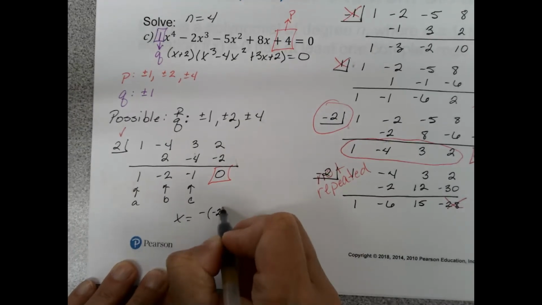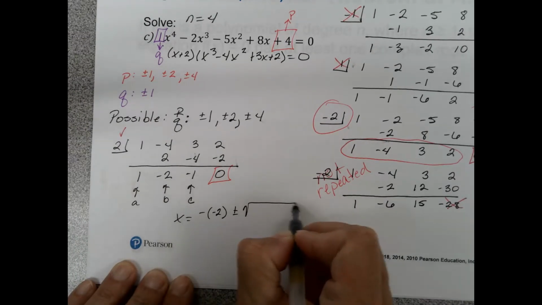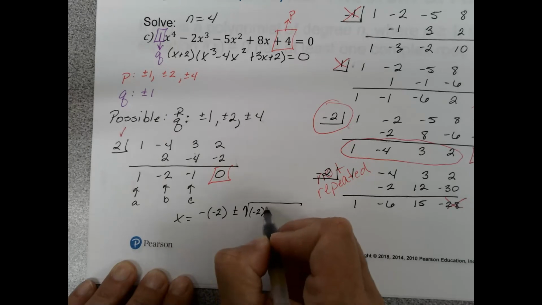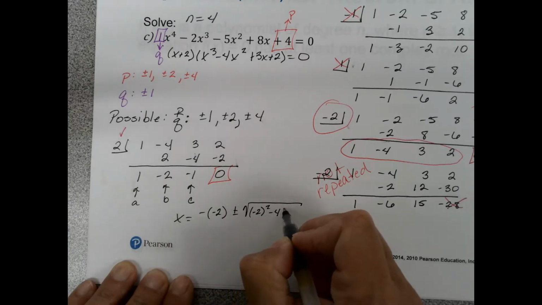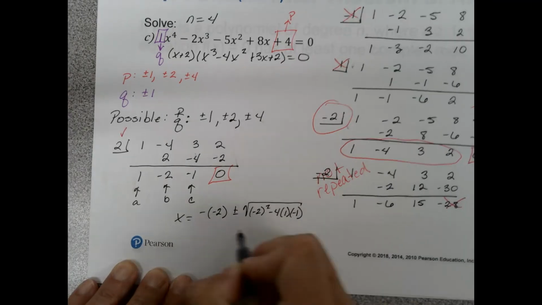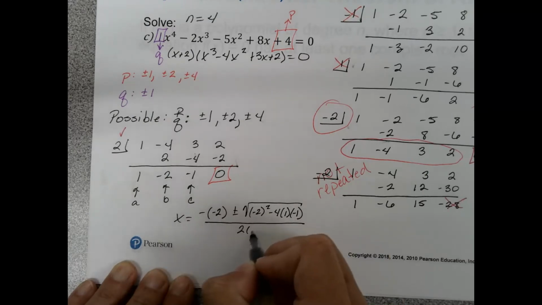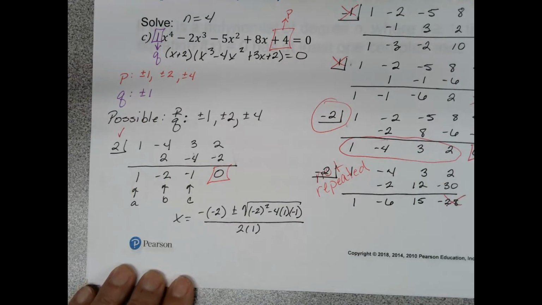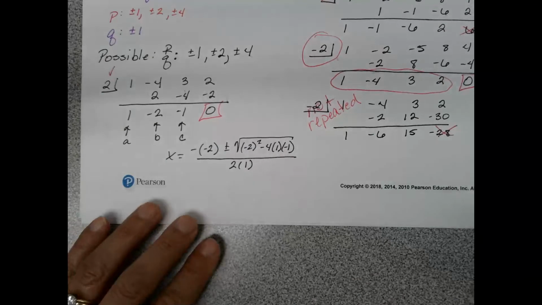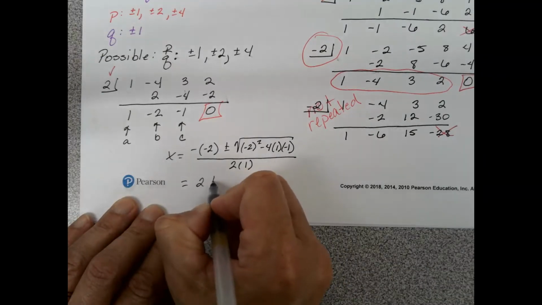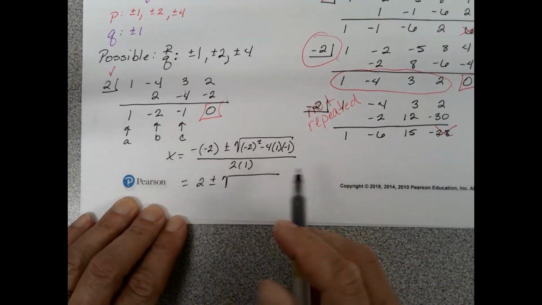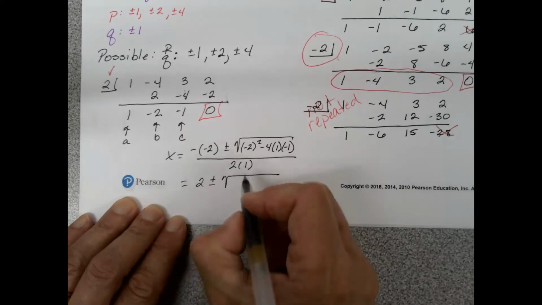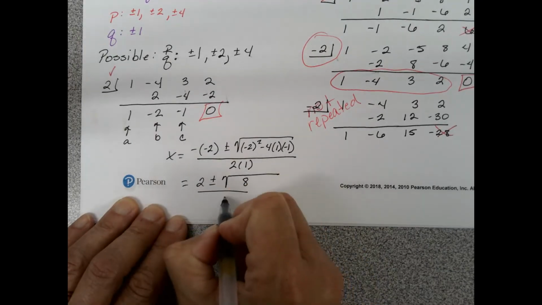Negative B plus or minus the square root of B squared minus 4 times A times C all over 2A. So that's 2 plus or minus the square root of 4 plus 4, which is 8, all over 2.